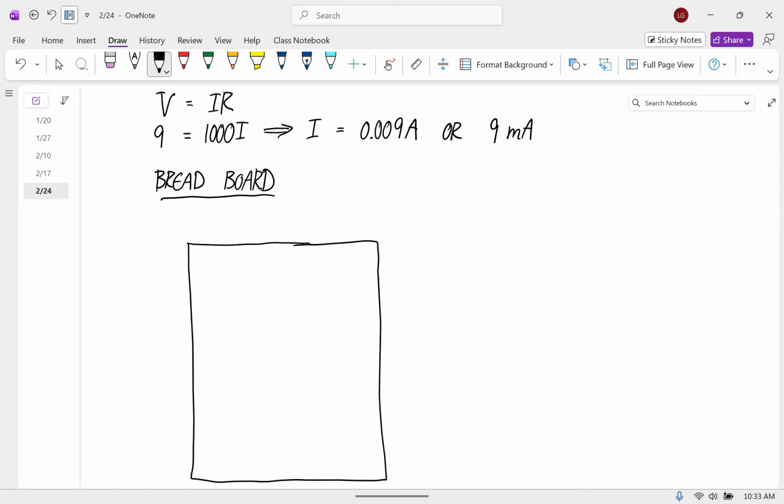So a breadboard always has a bunch of holes like that, and a bunch of holes that are shown with black. So there's always one red and one black. And then on the other side, there's a set of holes that are labeled red and another one that's labeled black.